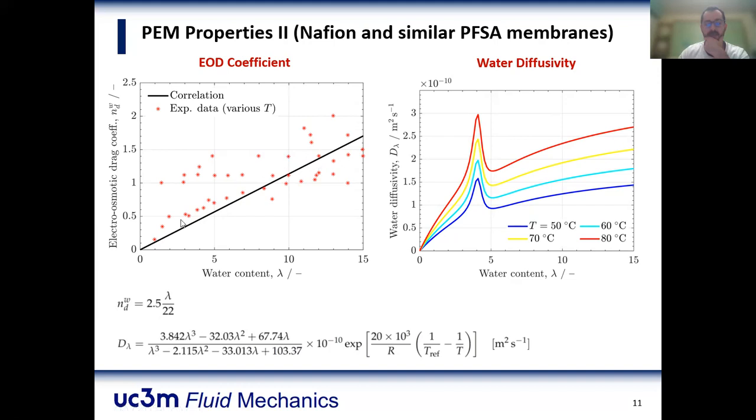So we can say that regardless of the temperature, we have this linear relationship. And then for the diffusivity of water, we have this expression, which is a function of both lambda and temperature again. So we have this increase of the diffusivity with lambda and also with the temperature.